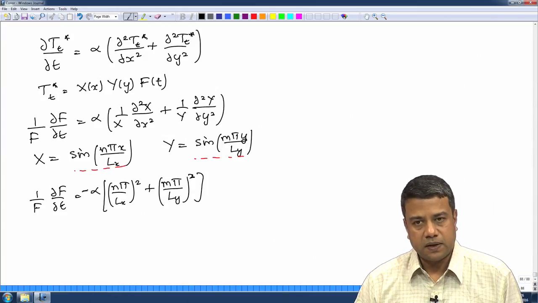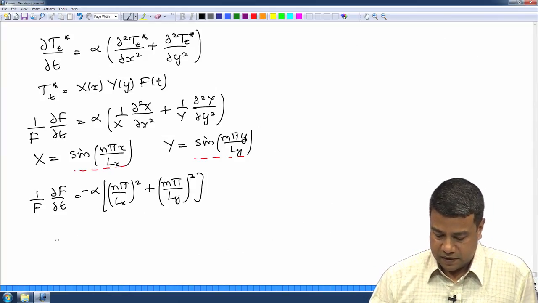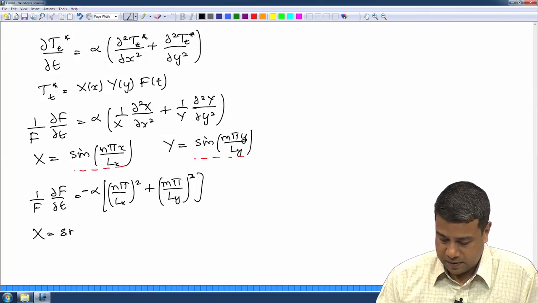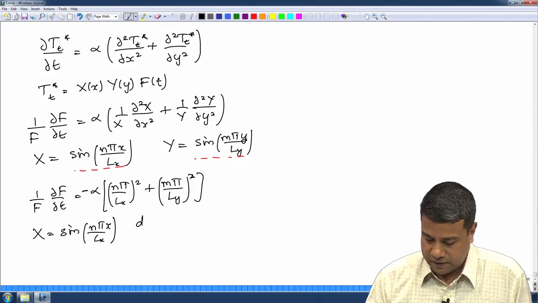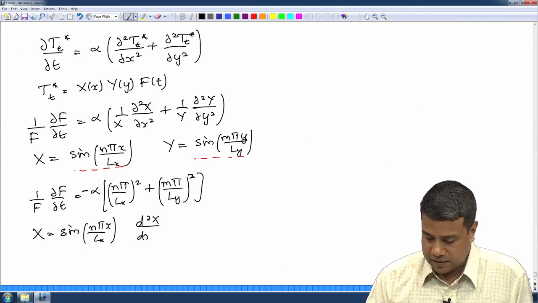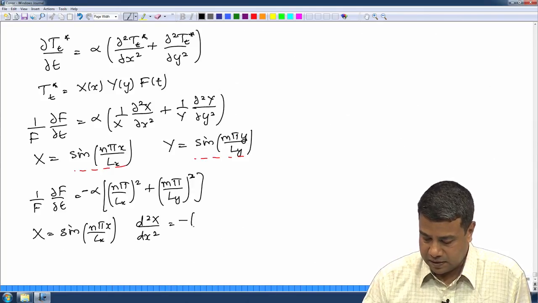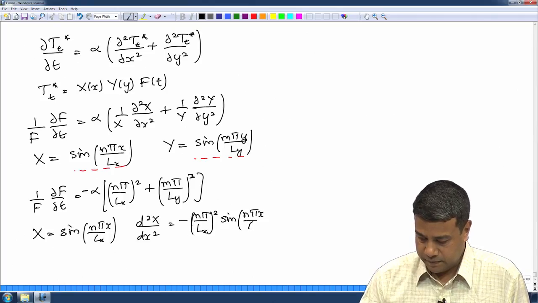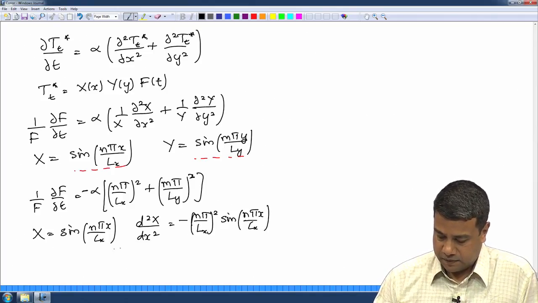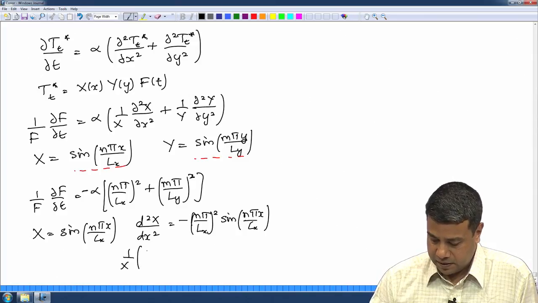Why the negative sign? If I take this function X is equal to sine of n pi x by Lx, and I take the second derivative d square X by dx square, it is equal to minus n pi by Lx the whole square times sine. Therefore, 1 by X d square X by dx square is a negative constant.